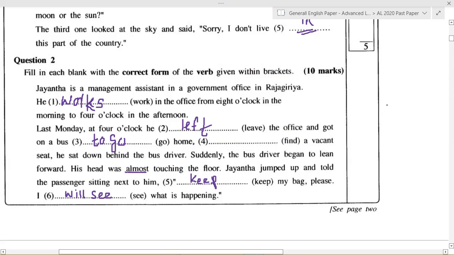Okay, so find is a verb. Finding is a noun. Either you need to fill this with find, or let me tell you one thing.